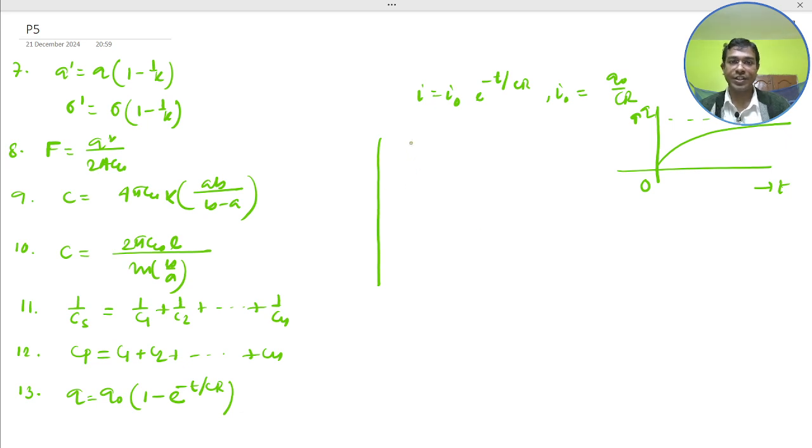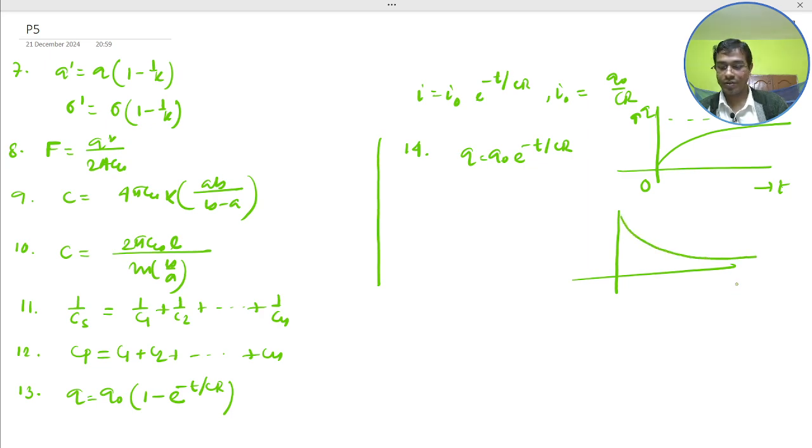And for the discharging, Q is equal to Q naught e to the power minus T by CR. So for discharging, this one is T and this one the Q, this is the time constant CR.